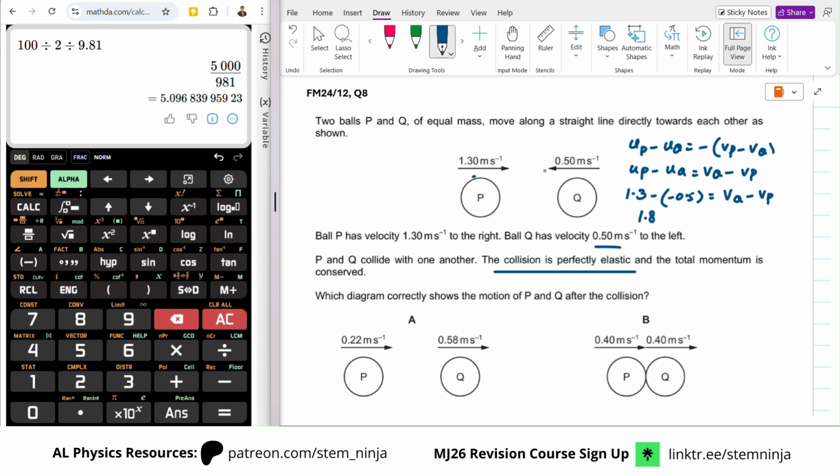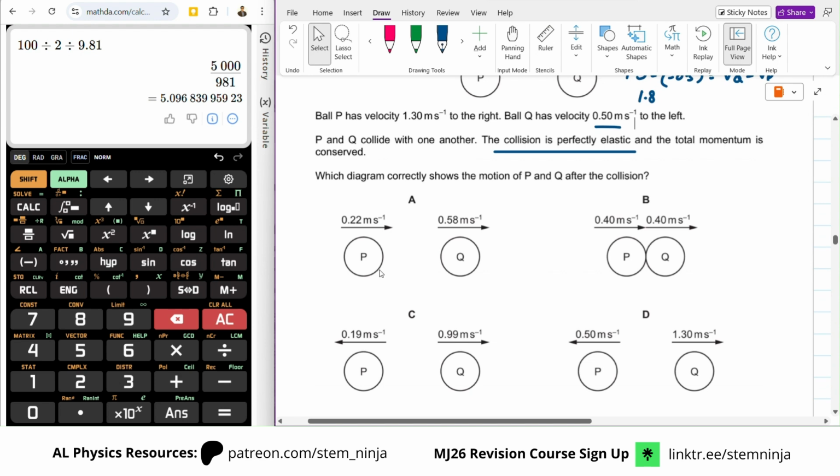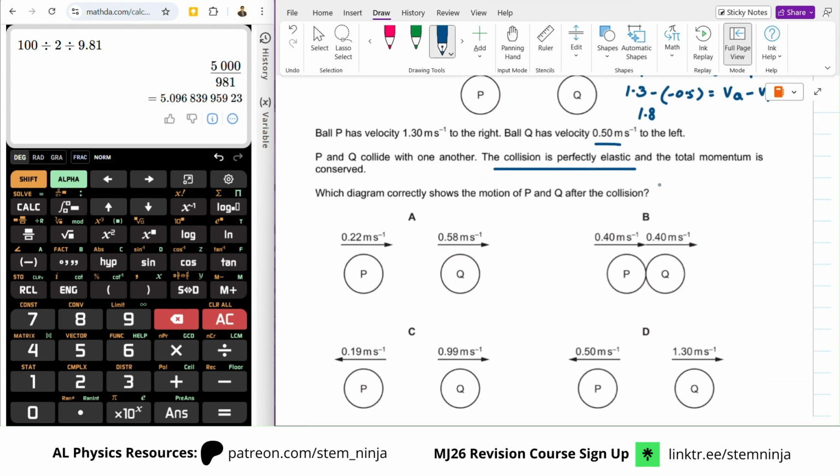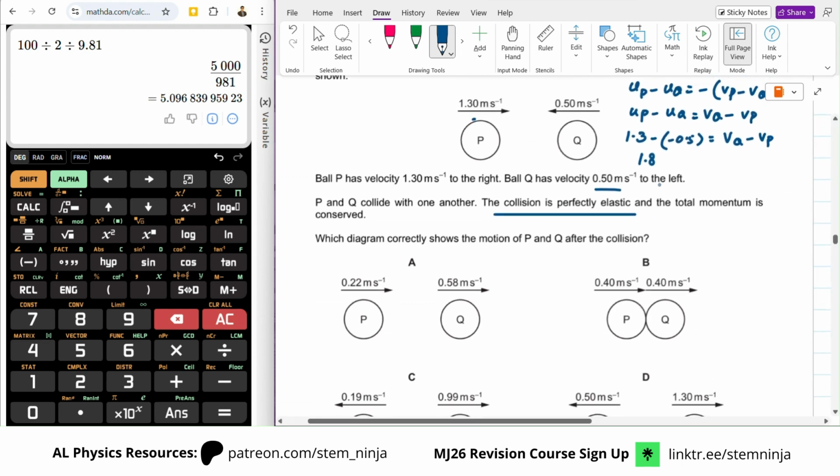So obviously the values cannot be very high. If the sum of the values is basically 1.8, that also means that the total momentum cannot be increasing, because total momentum is conserved.